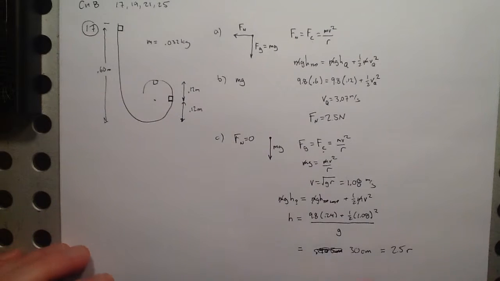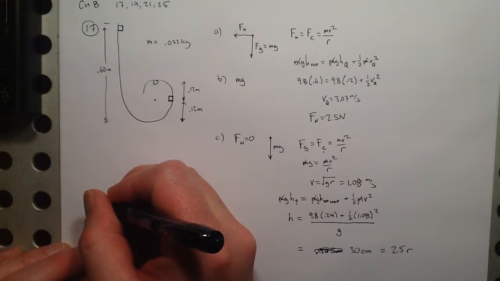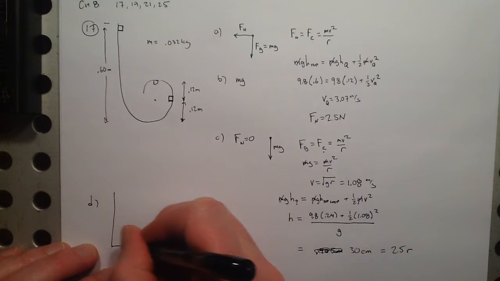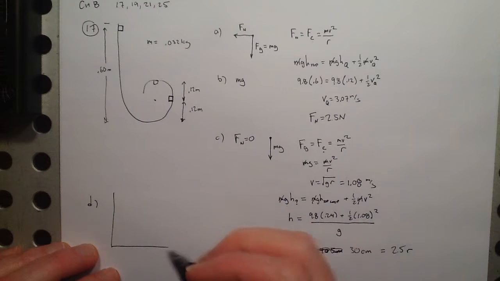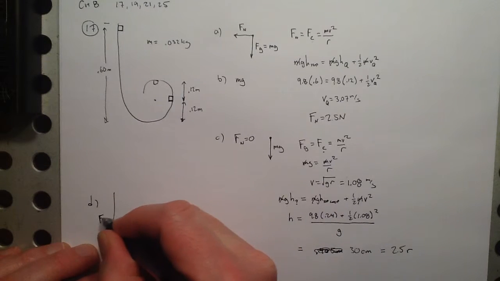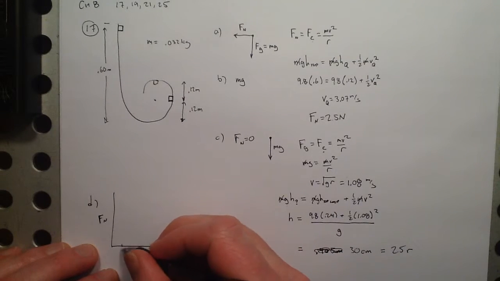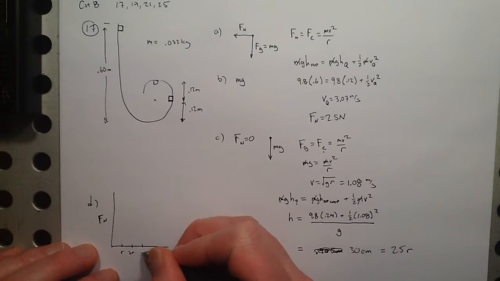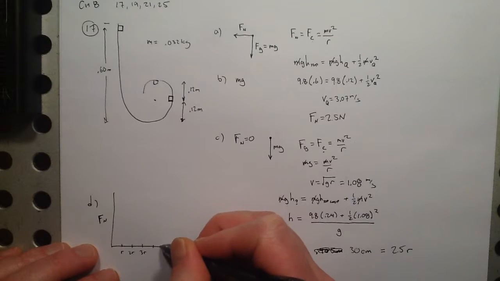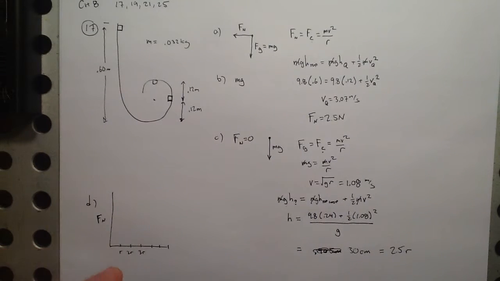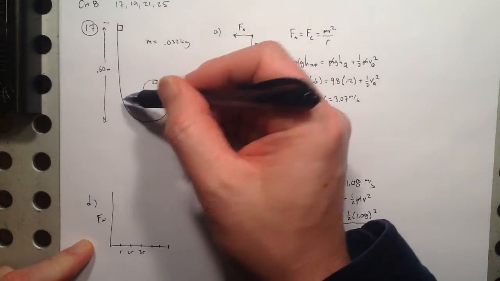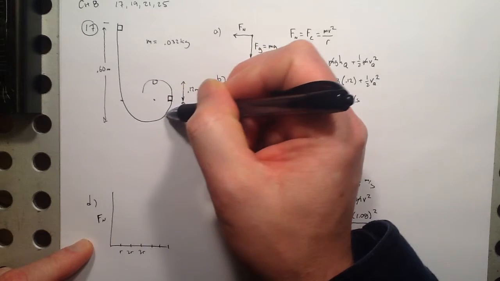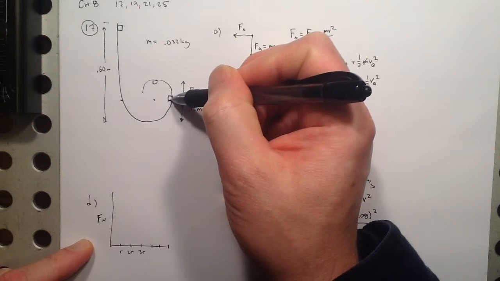Right. Now part D, they want to know what would a graph of normal force on the block at the top of the loop versus where you release it from look like. Here's R, 2R, 3R, and so on. Well, if you release it from R, like here, it can't go higher than this, right?